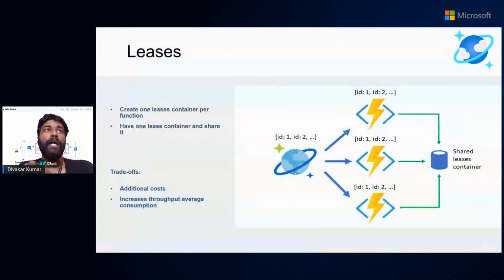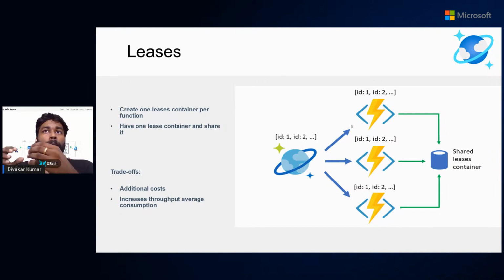The way to do that is using the leases. The leases is nothing but documents which hold the checkpoints for your Azure functions to work. Consider this is your Cosmos DB change feed, and there are different Azure functions listening to these change feed triggers.